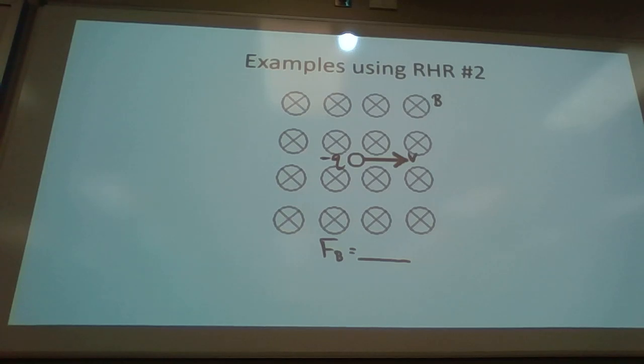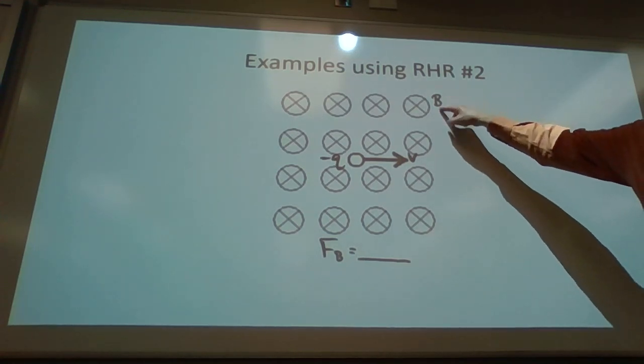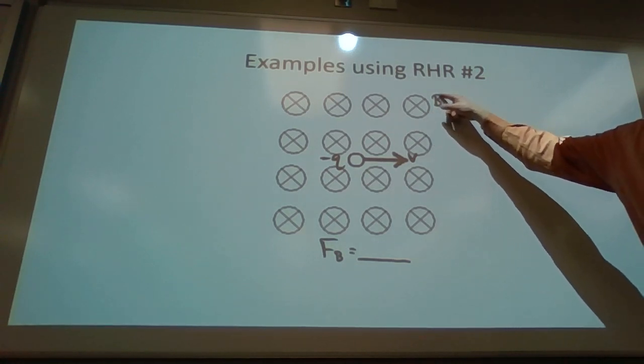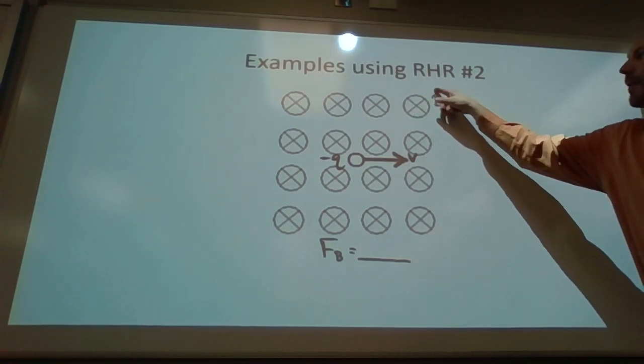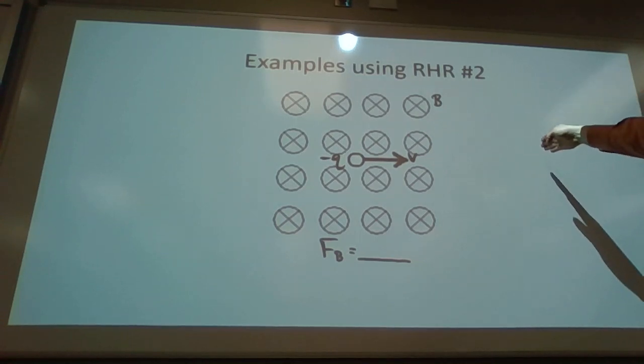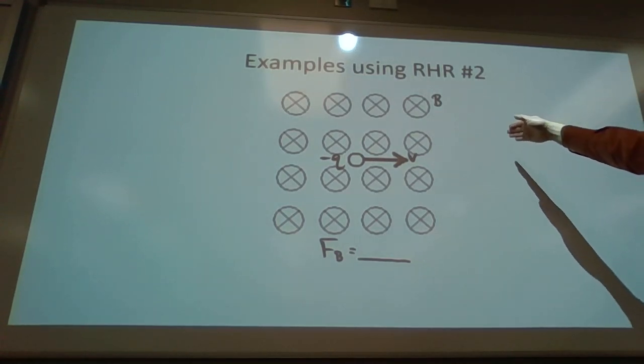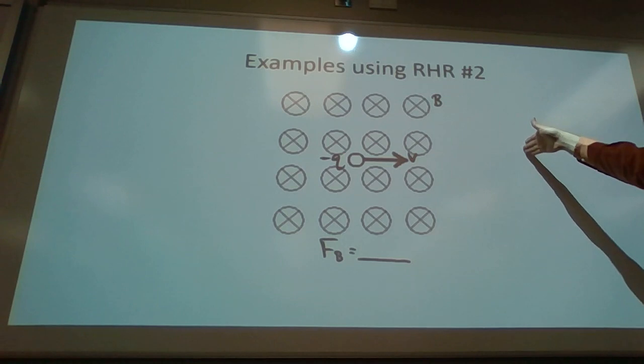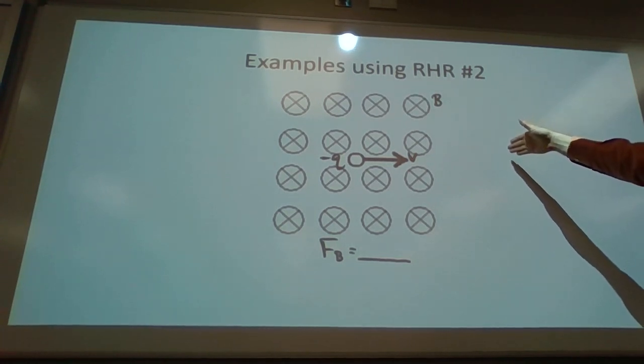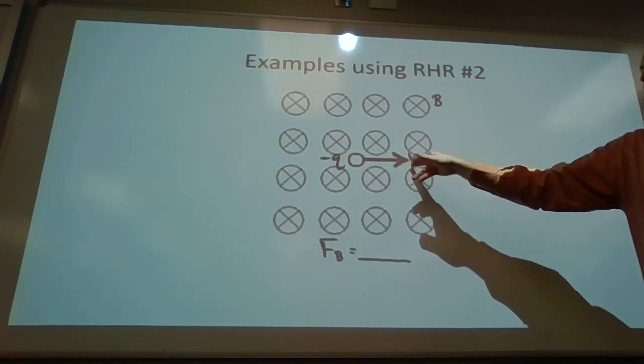Circle with an X means what? Into the page. So what do you do with this information? Fingers go into the board. Okay. What do you do with this information?